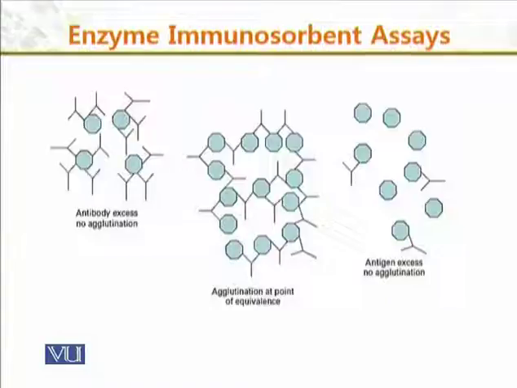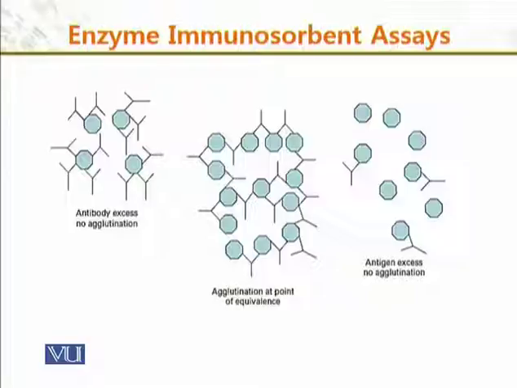For example, in the diagram you can see that if there is antibody excess, no agglutination occurs. At the point of equivalence, where they are equal, agglutination occurs, the precipitation forms, and we can see it.